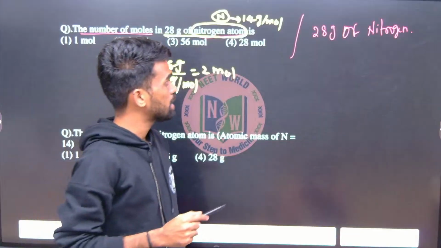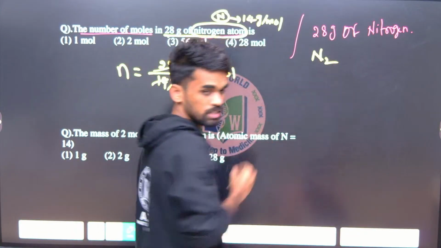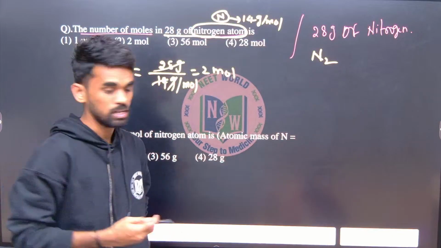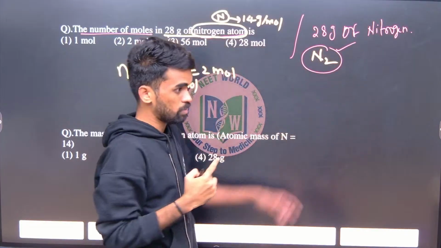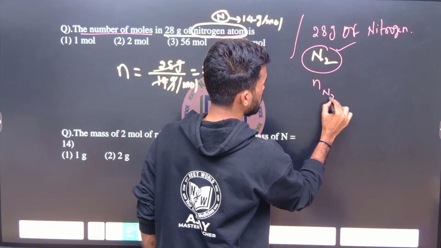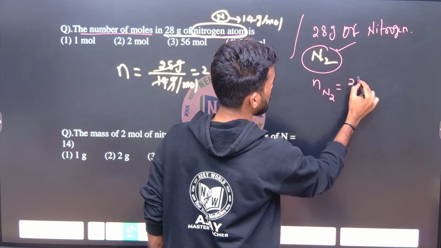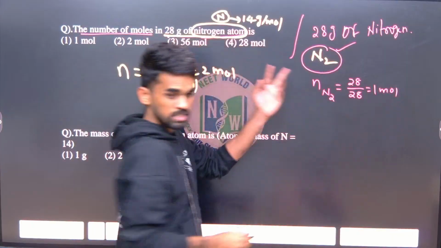What is the standard state of nitrogen? It will be diatomic molecular form, so you should consider this. 28 grams of N2 is given if they mention nitrogen. Now in this case, number of moles of nitrogen will be 28 by 28, which is 1 mole. Okay, you got the difference here.